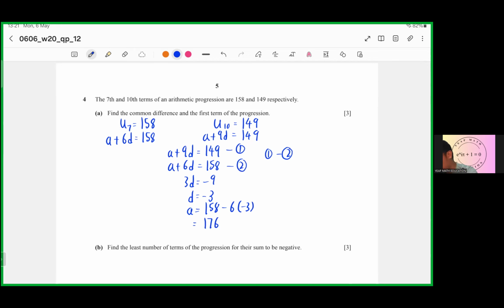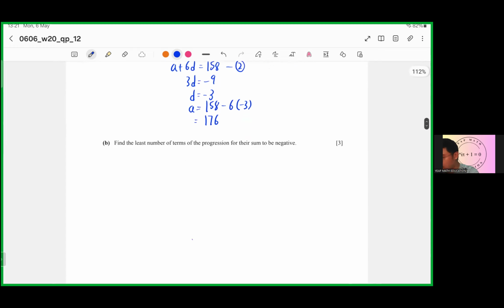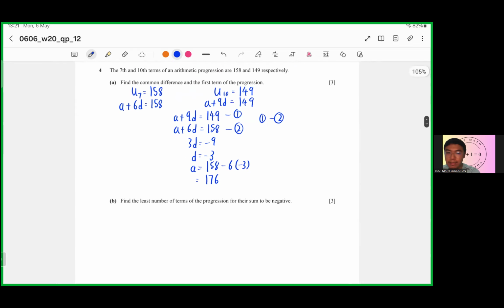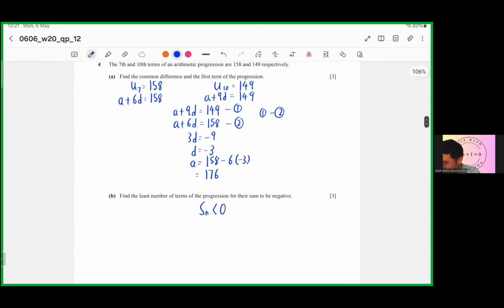After that, we look at question B. Find the least number of terms of the progression for which the sum is negative. It means this Sn you need to make sure is less than 0, because it says negative. So you can write n over 2 times bracket 2a plus n minus 1 times d, less than 0.